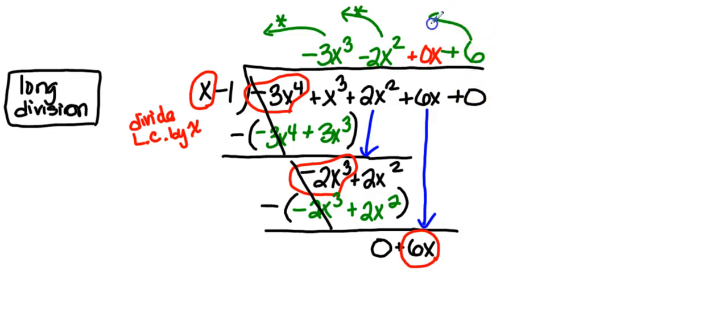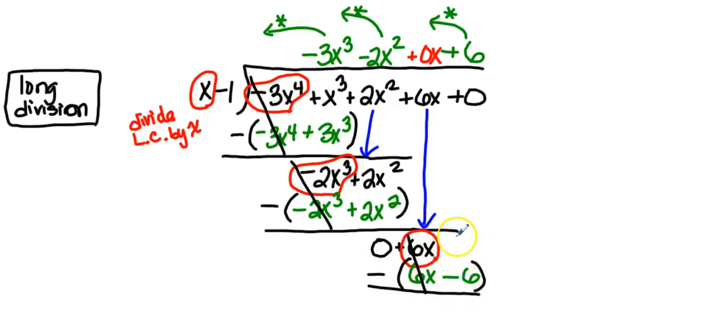So I multiply 6 through. Six times x is 6x. 6 times negative 1 is a negative 6. Parentheses. Subtract. 6x minus 6x is 0.